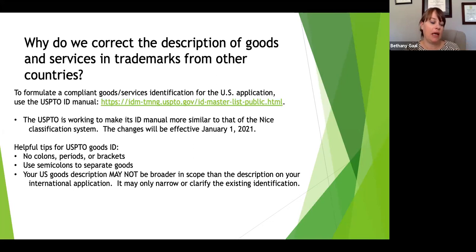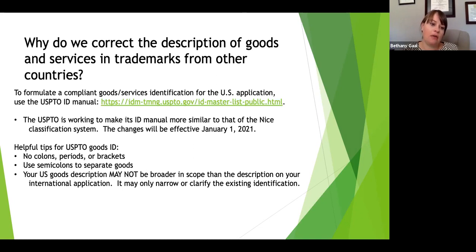So instead of going through and naming every single computer part that you sell, you would just say computer parts, and then you could say "namely," and then add what I know this isn't making sense, but that's what you would do in the United States to kind of streamline the goods description.